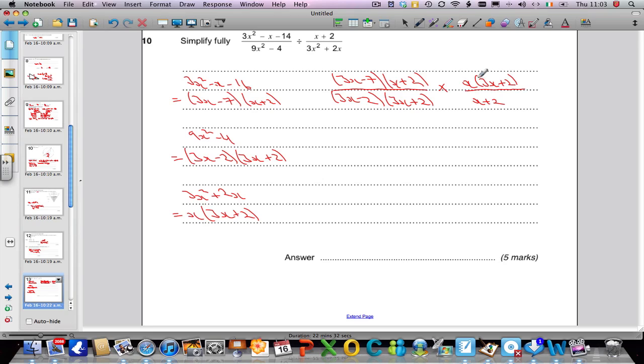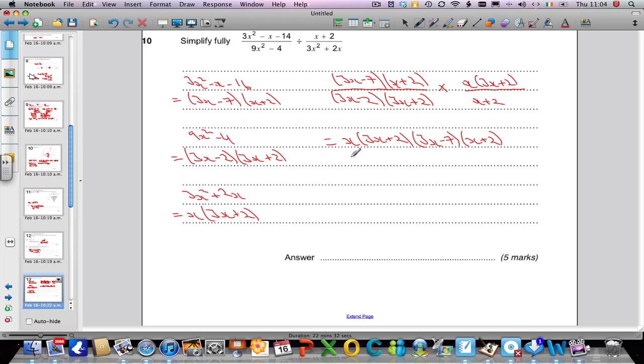And when you multiply fractions, you always just do the top multiplied by the top and the bottom multiplied by the bottom. So when we do that, I'm just going to write this slightly different. We end up with, so the whole lot equals x times 3x plus 2 times 3x minus 7 times x plus 2.